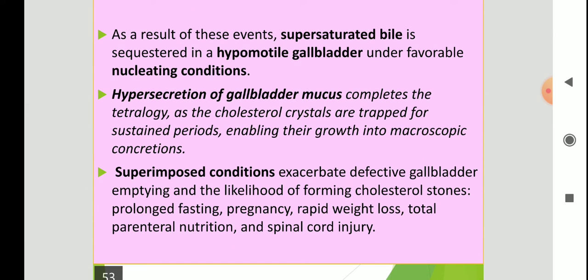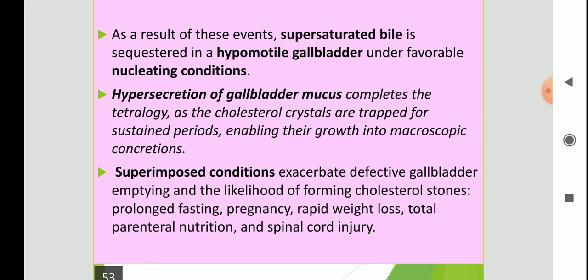So as a result of these events, supersaturated bile is sequestered in a hypomotile gallbladder under favorable nucleating conditions. The hypersecretion of gallbladder mucus completes the tetralogy as the cholesterol crystals are trapped for sustained periods, enabling their growth into macroscopic concretions.